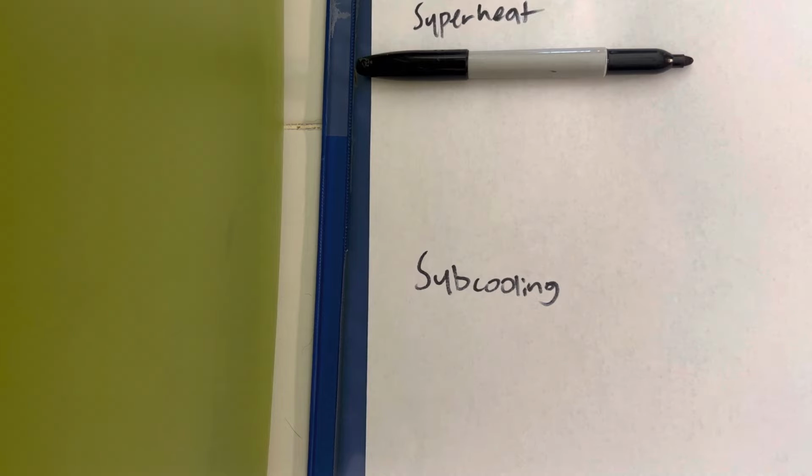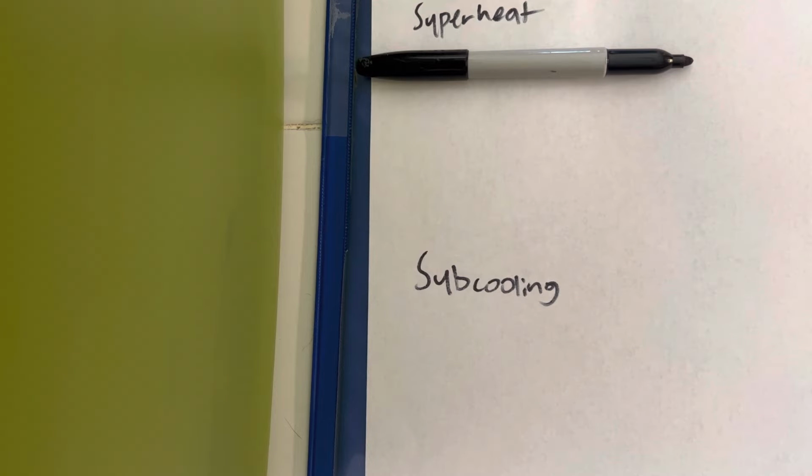So, superheat and subcooling. These two things can tell you a lot about what's going on with your system. I know a lot of guys, especially older techs. Now, I'm not knocking older techs, but it's just a fact. A lot of older techs tend to not measure these things.